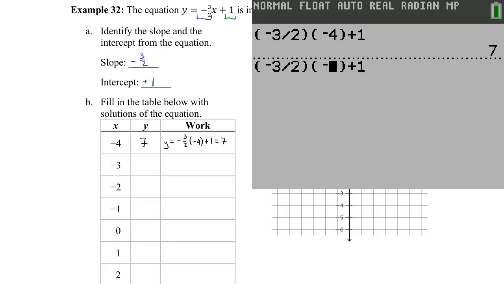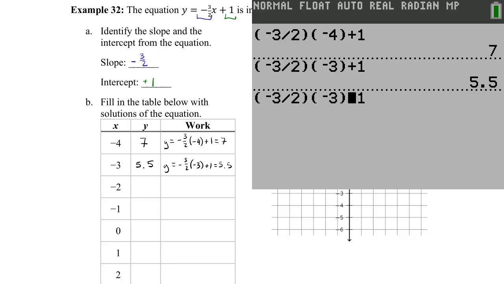Let's just get that line back and change it to a -3. We have y is -3/2 times -3 plus 1. That gives us 5.5. I could make that a fraction, but I think I'm not going to use this number, so I'll just write the decimal. That's fine. Let's get that back again. Change it to a -2.